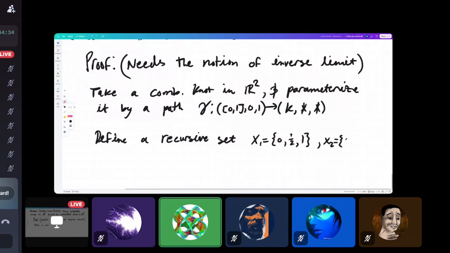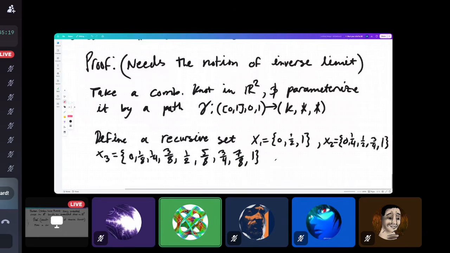X2 to be the set {0, 1/4, 1/2, 3/4, 1}. X3 to be the set {0, 1/8, 1/4, 3/8, 1/2, 5/8, 3/4, 7/8, 1}. And so keep doing that. And so on.